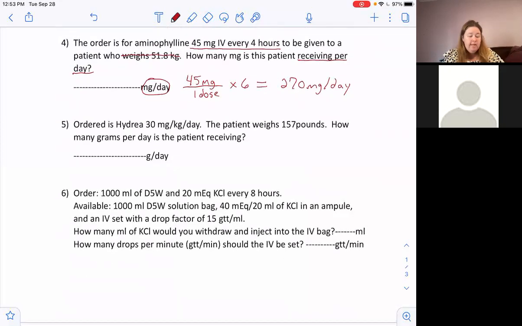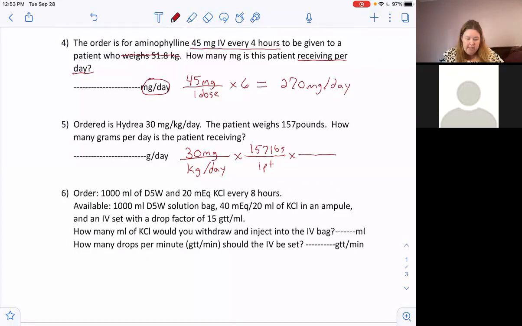Ordered is Hydrea 30 milligrams per kilogram per day. The patient weighs 157 pounds. How many grams per day is the patient receiving? So we're going to start off with the order. So 30 milligrams per kilogram per day times 157 pounds for 1 patient.